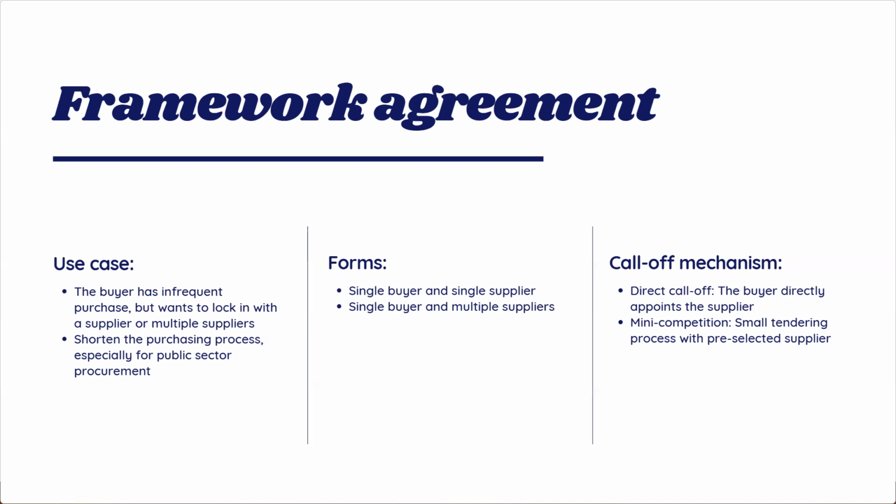But the framework agreement shortens that and gives the agency a shortcut to award the contract to the supplier. A framework agreement could be signed between a buyer and a supplier, or between a buyer and multiple suppliers.